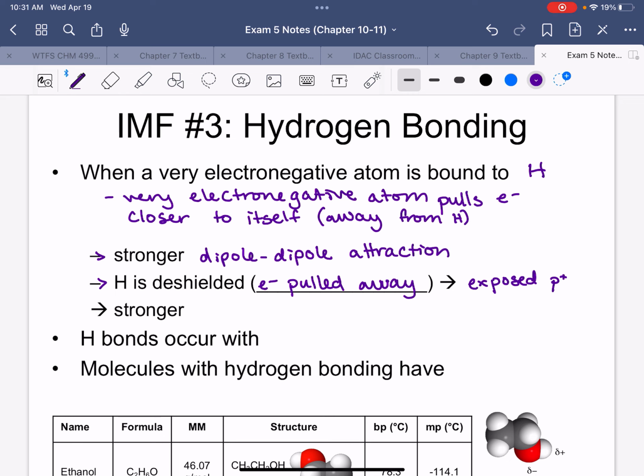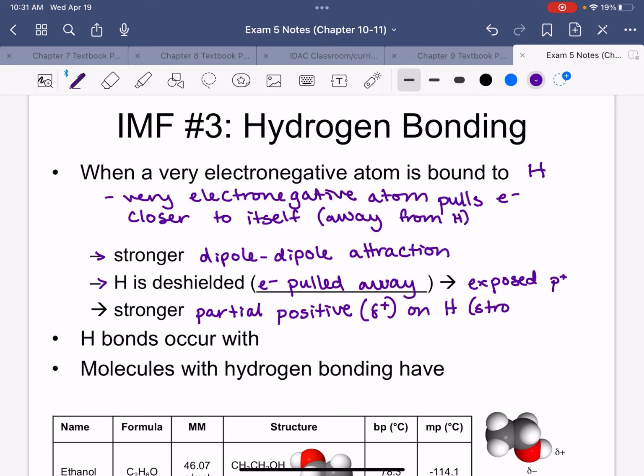Because it's so much more positive than a typical polar molecule, we have a much stronger attraction. So this is a stronger partial positive on the hydrogen. It's a stronger partial charge, which means we're going to have a stronger attraction to partial negative things.